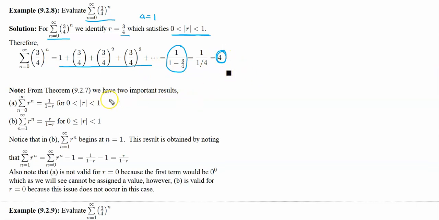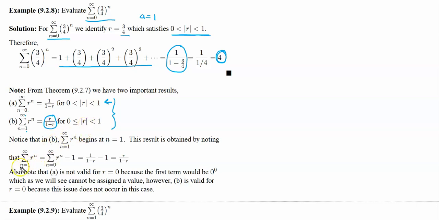Now let's take note of these two important results that we have from this theorem. So this is just a restatement of the theorem part A right here, that the sum from 0 to infinity of r to the n is 1 over 1 minus r. Now this is in the case when a is 1, okay? And let's also notice this. If we sum from 1 to infinity, this modification of the geometric series from part A, you notice we just leave off the first term here, it is going to be r divided by 1 minus r.